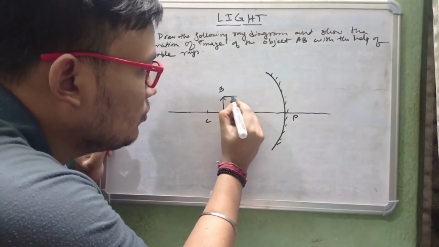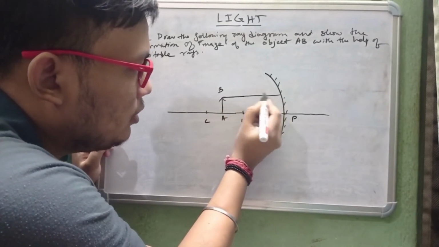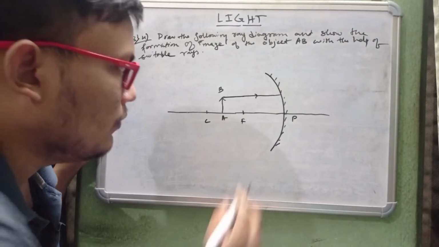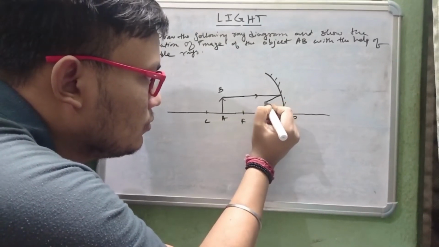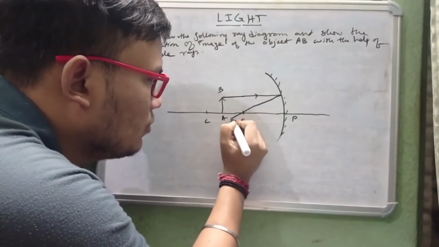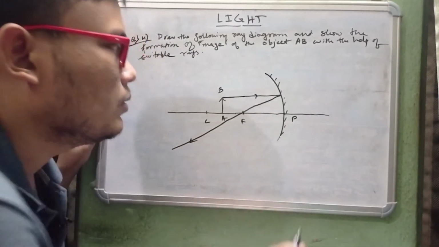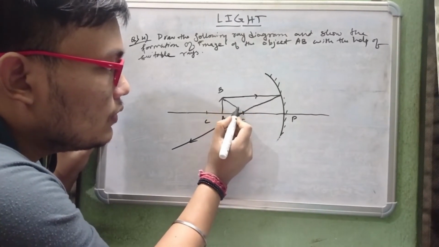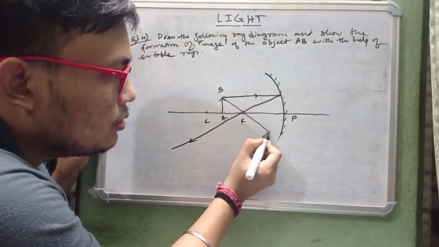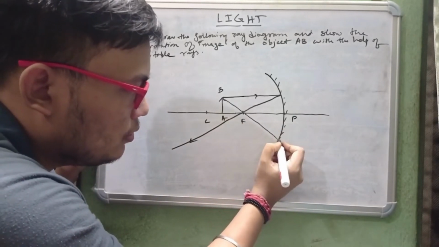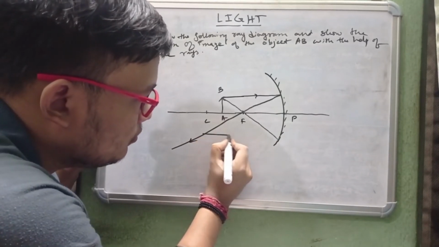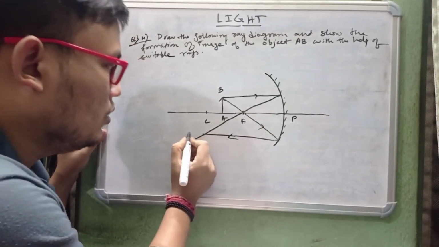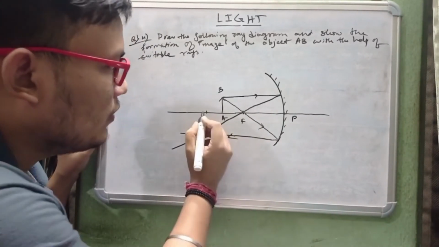The first ray will be parallel to the principal axis. Now after reflection, it will pass through focus, and the second ray will pass through focus and after reflection will meet the first reflected ray over here, somewhere over here.